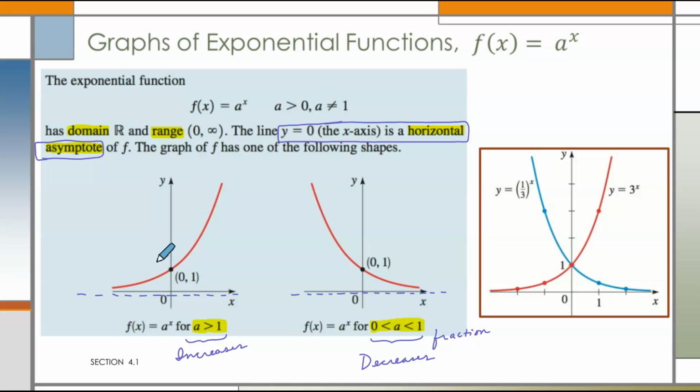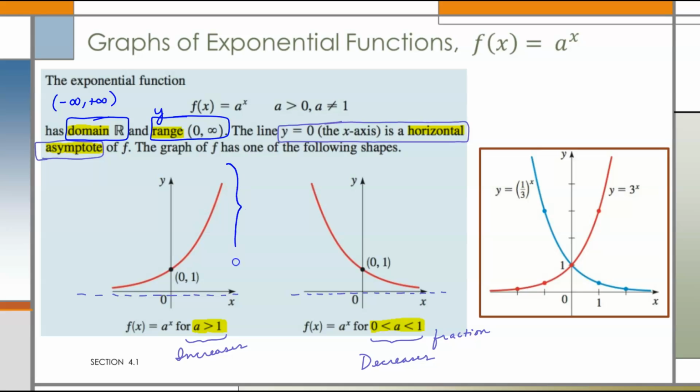Okay, what else can we say about exponential functions? Domain is all real numbers. Automatic. So if I have an exponential function, the domain is from negative to positive infinity. Range, remember that's your y values.